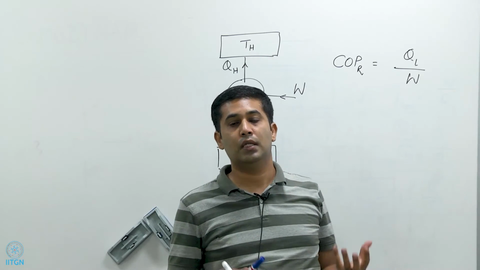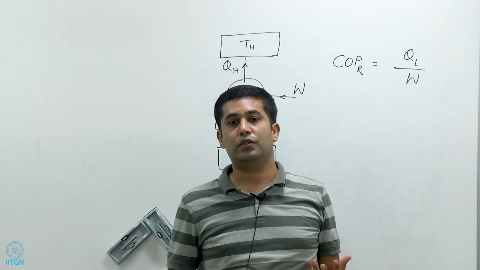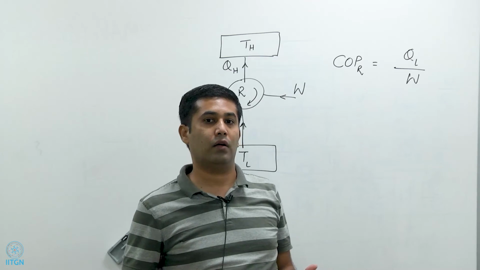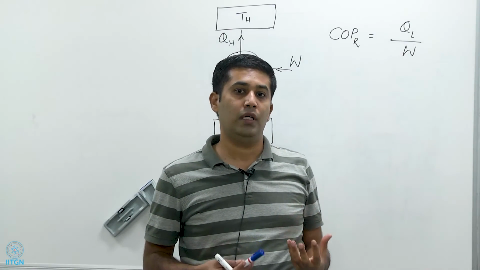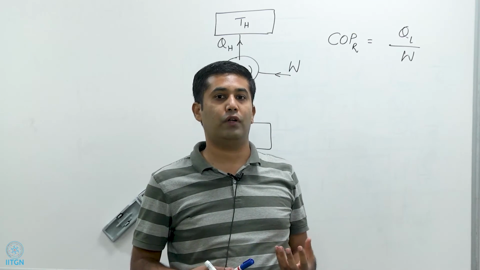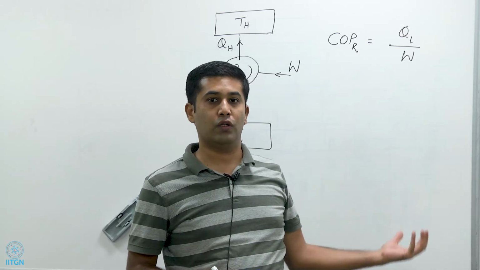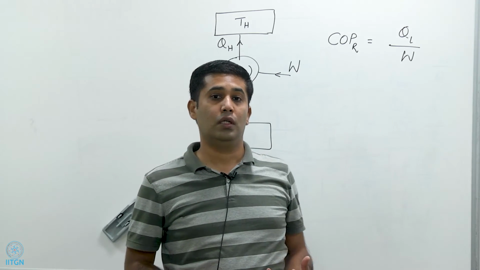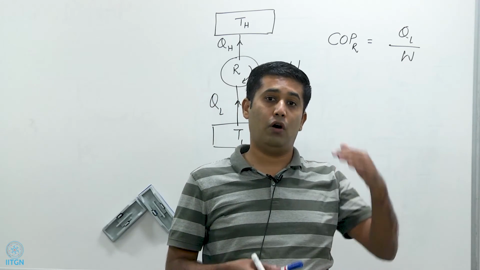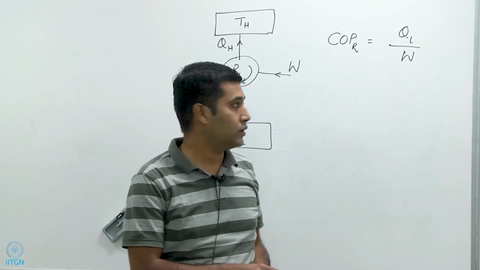I am trying to repeat this again and again because this is a very common error or a mistake that students make, in that they believe that the COP of a refrigerator is what we are going to derive now. It is not. What we are going to derive is the maximum value the COP of a refrigerator can have operating between the same two temperatures, right?